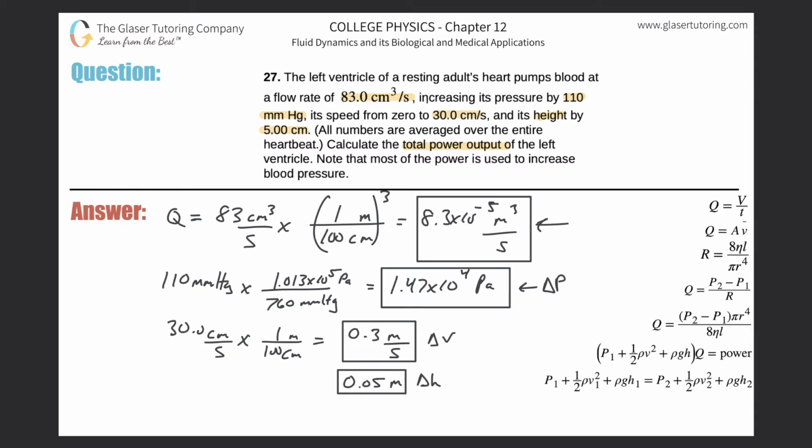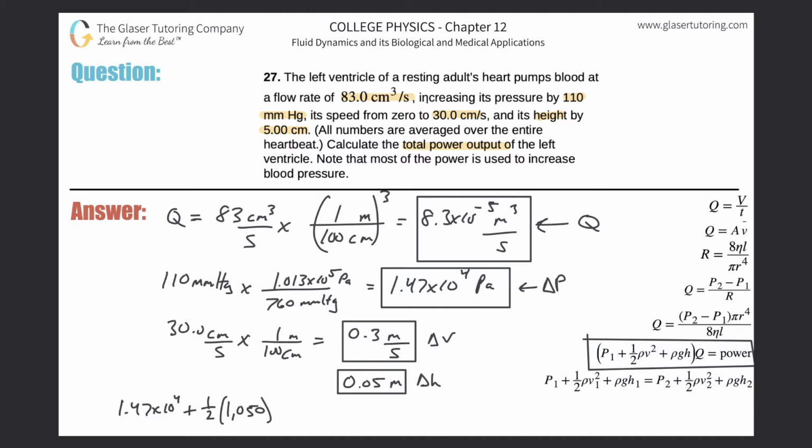And here, by the way, is our Q, so all I'm doing now is literally plugging it into this formula. So P1 was 1.47 times 10 to the fourth, plus then 1/2 times the density of blood, right? The density of blood is just slightly larger than that of water, so in terms of kilogram per cubic meter, it's going to be 1,050.